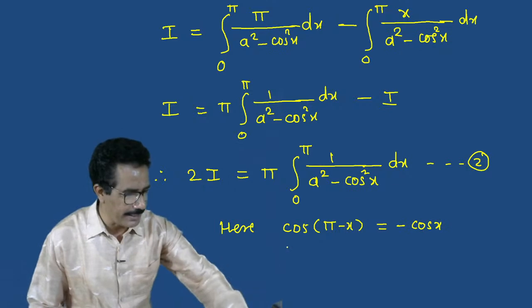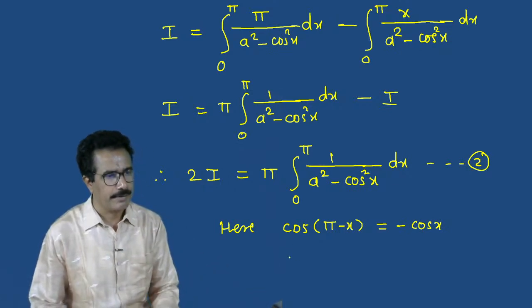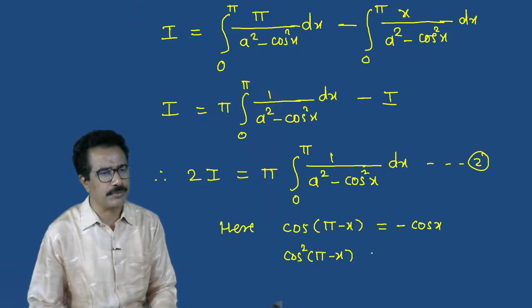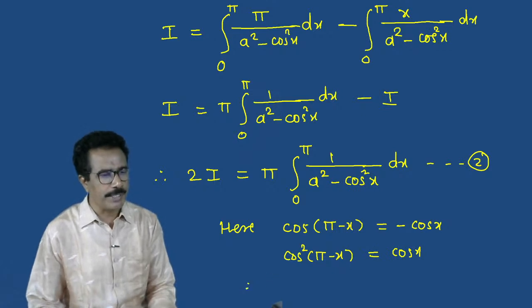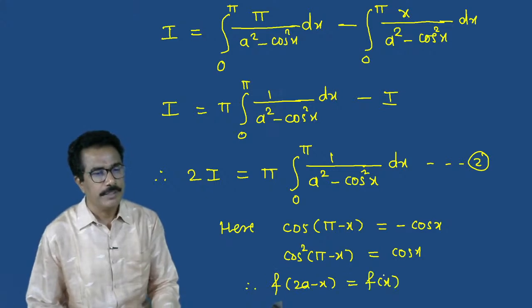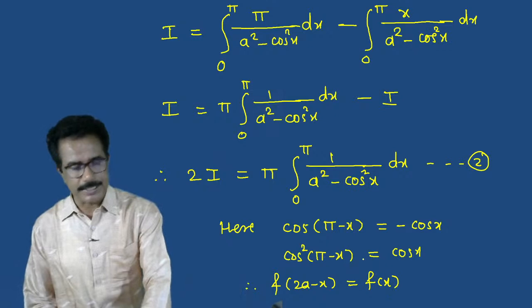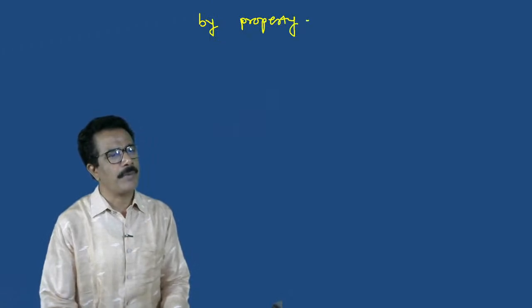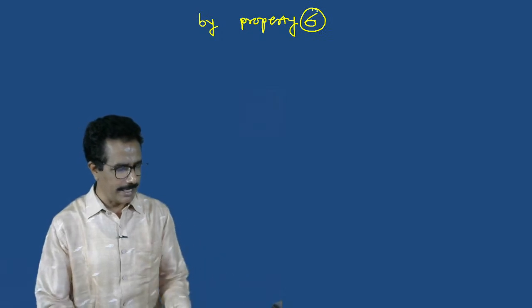So we can write cos square of pi minus x is equal to cos square x. So we can write f of 2a minus x is equal to f of x. Then we can use the property number 6. We can write, one minute.